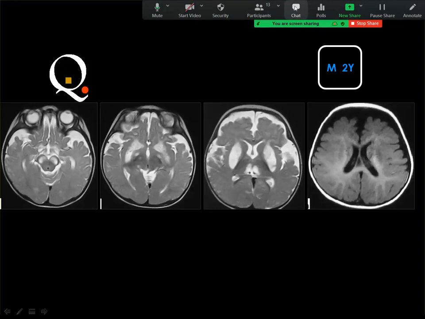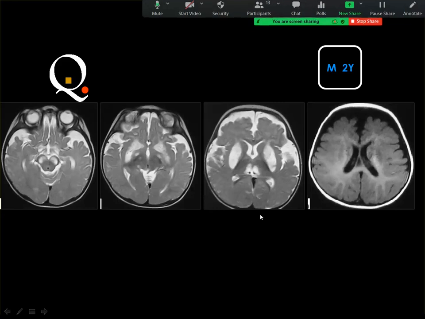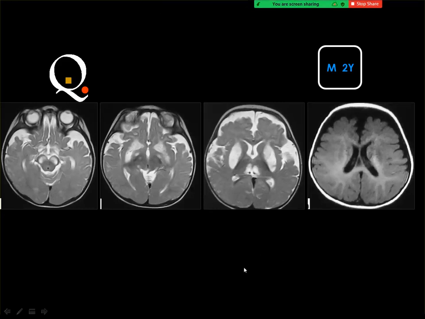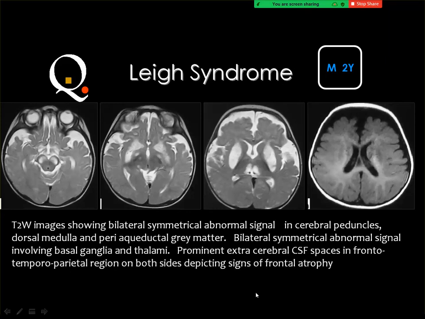Okay, I think that whenever you see these lesions, you consider one of the lesions that affect the basal ganglia. And this age group is very likely for the diagnosis of Leigh syndrome.